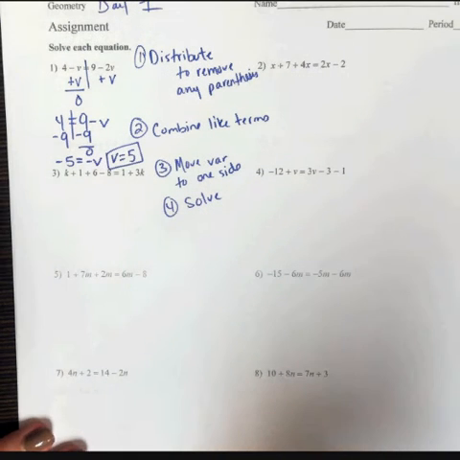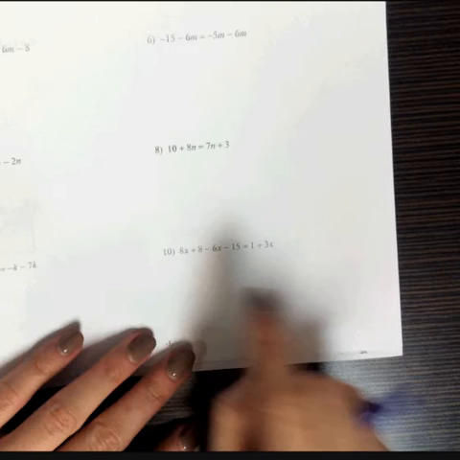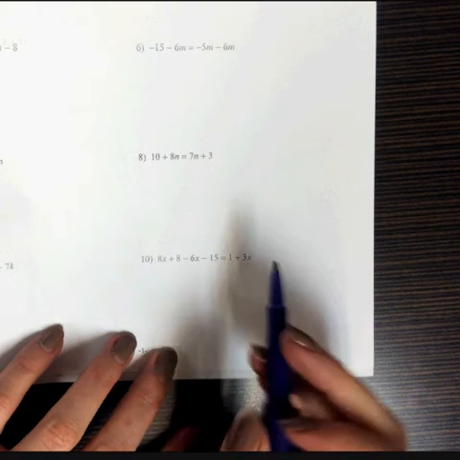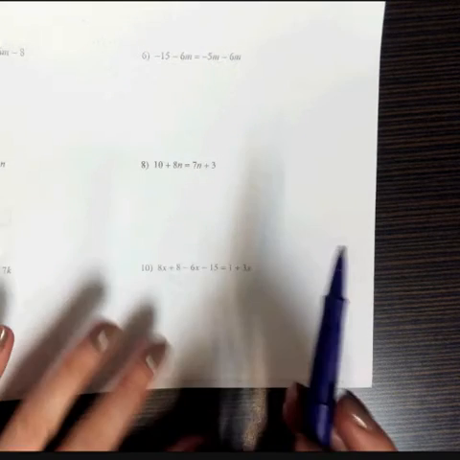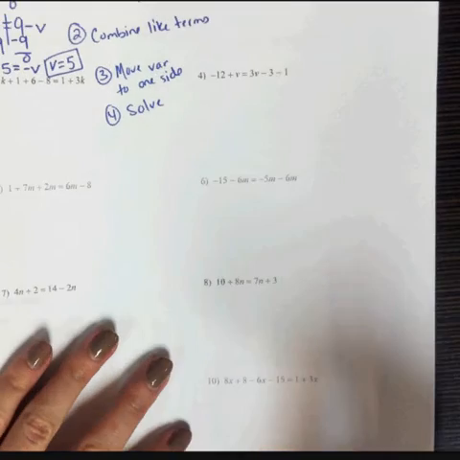If you look at one like number 10, it involves a couple more steps. So for number 10, I still don't have to distribute because there aren't any parentheses, but I do have to combine like terms.